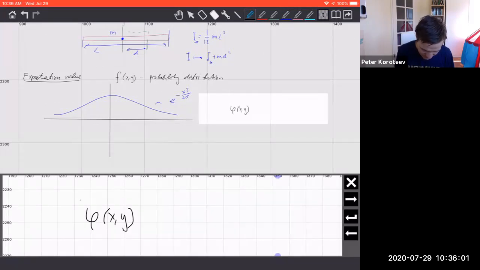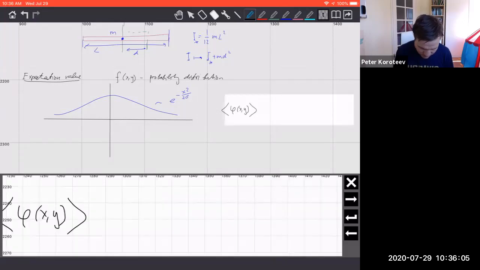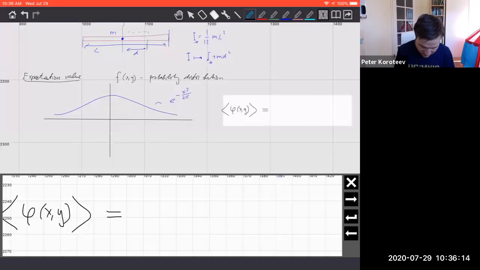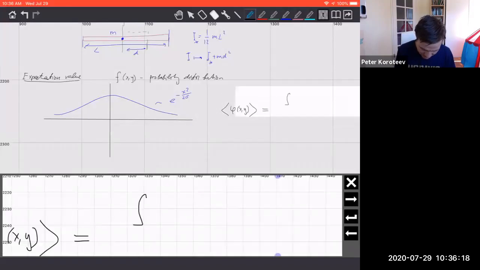And then you can ask yourself, what is the value of this quantity on average, right? So then here goes the average or expectation value, which is the integral, well, double or triple or whatever. I'm just going to write it in general.